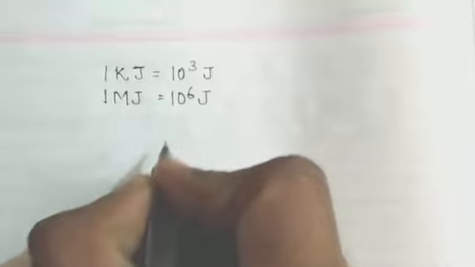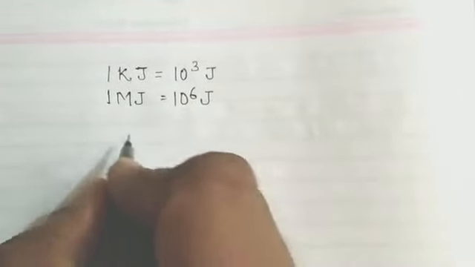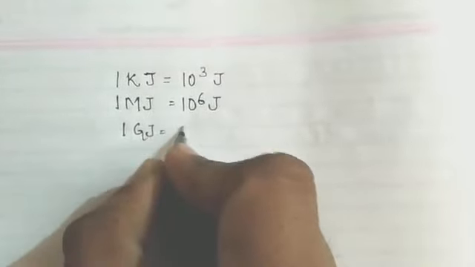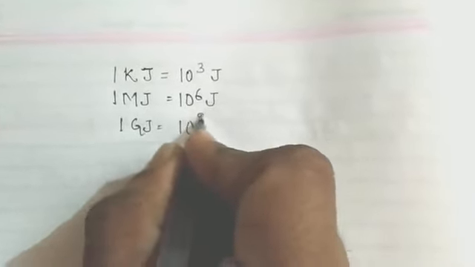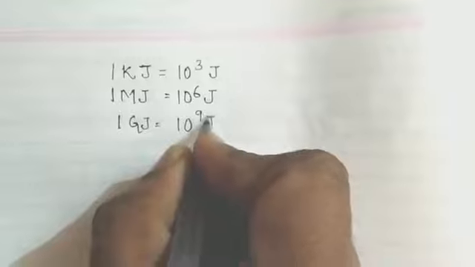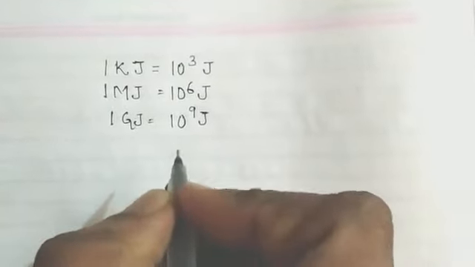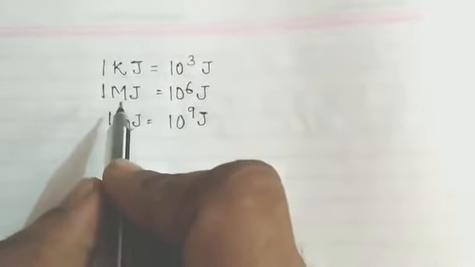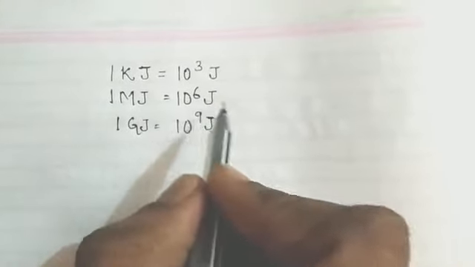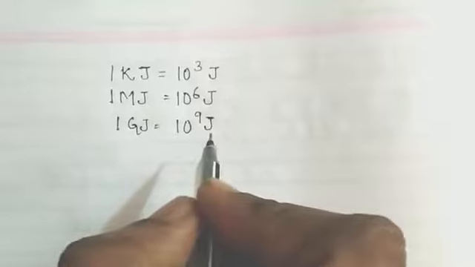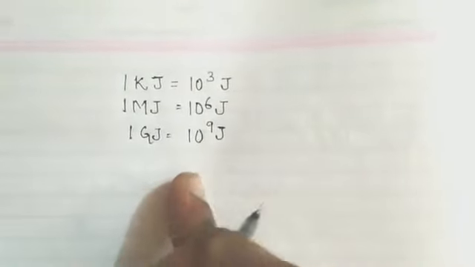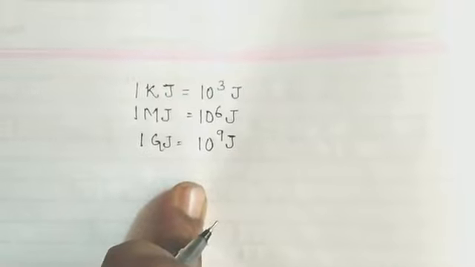Okay students, and 1 gigajoule is equal to 10 to the power 9 joule. So these are the bigger units of work done.